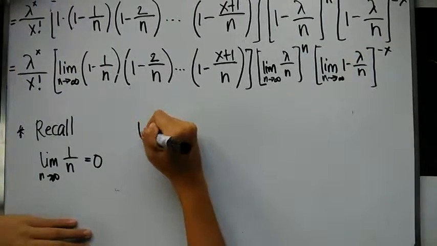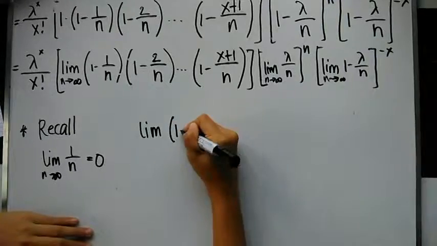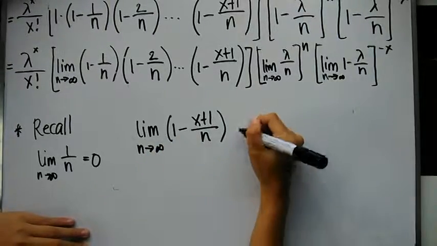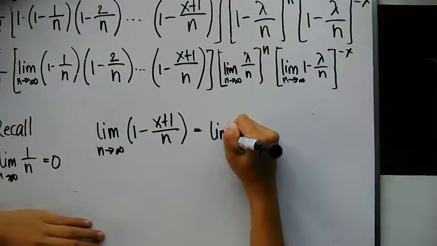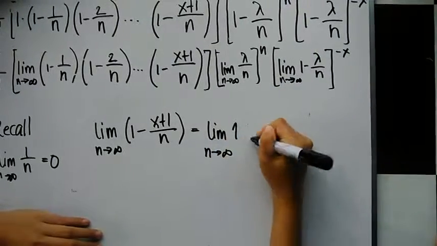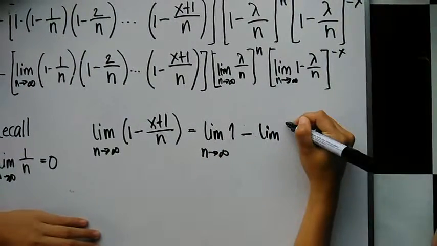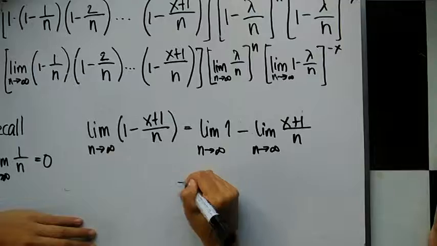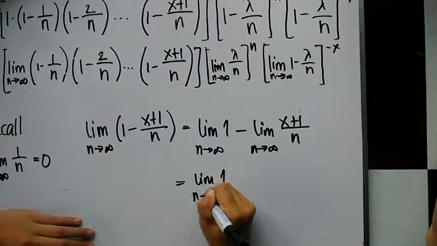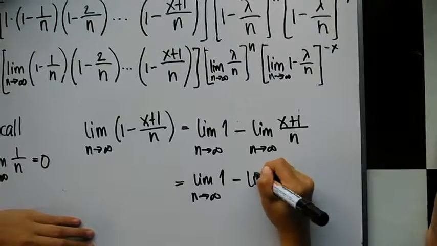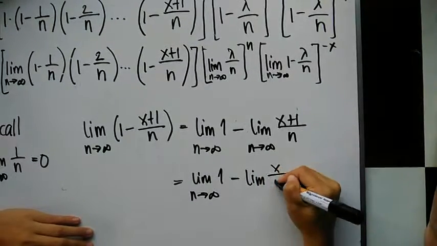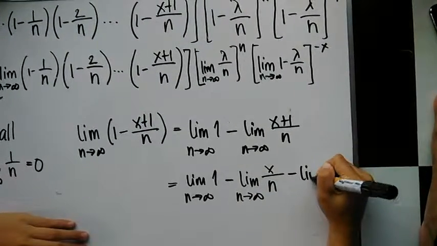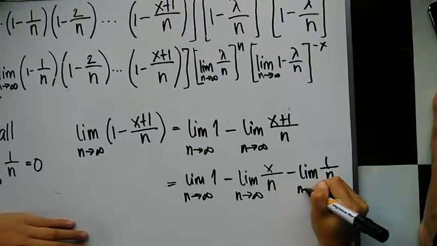To show, we have the limit of 1 - (x+1)/n as n approaches infinity, which is equal to the limit of 1 as n approaches infinity minus the limit of (x+1)/n as n approaches infinity. Then, rewrite this one. We have the limit of x/n as n approaches infinity minus the limit of 1/n as n approaches infinity.